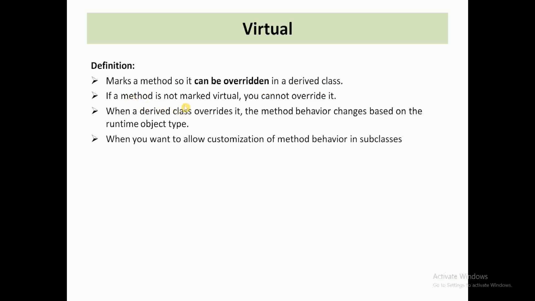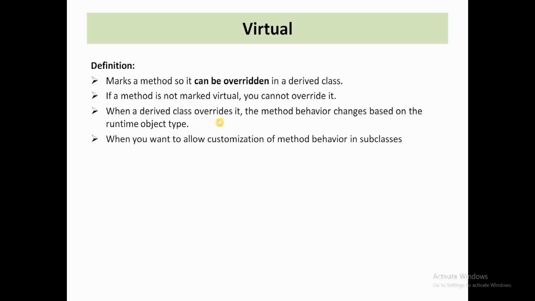If a method is not marked virtual, you cannot override it. If we do not mark it as virtual, then we cannot override this method. And when a derived class overrides it, the method behavior changes based on the runtime object type.